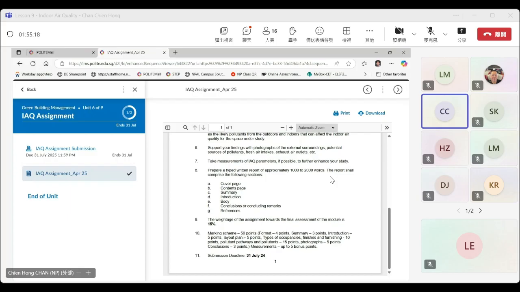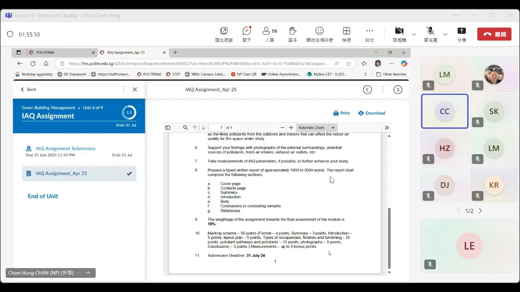The marking scheme is a total of 50 marks, and the various weightage. I hope you can spend the next few weeks, maybe one of your weekends, to do a visit and prepare the report and submit this report by the 31st of July.